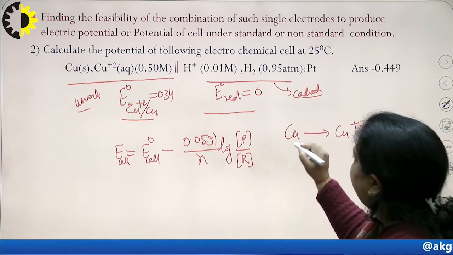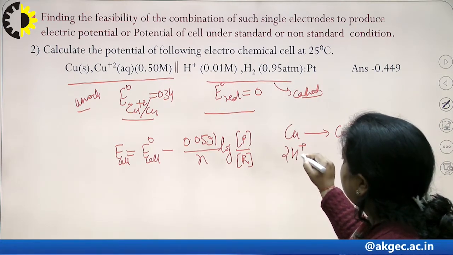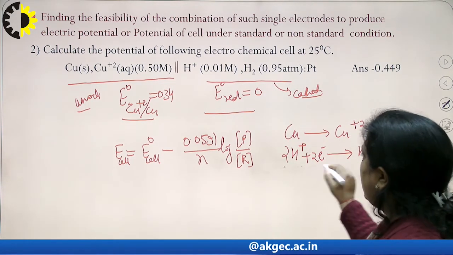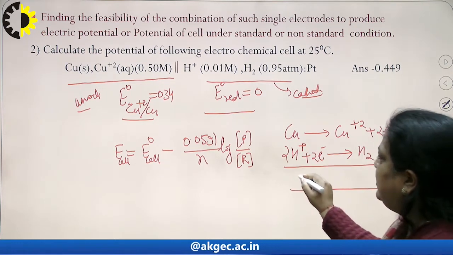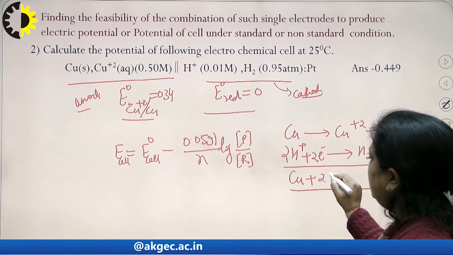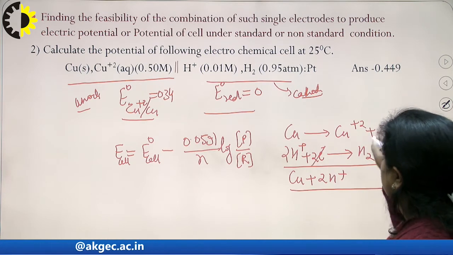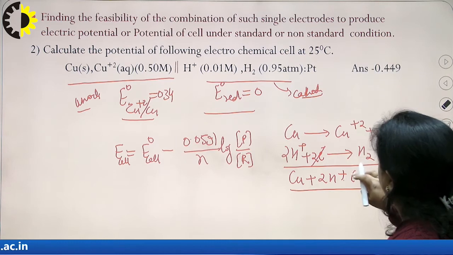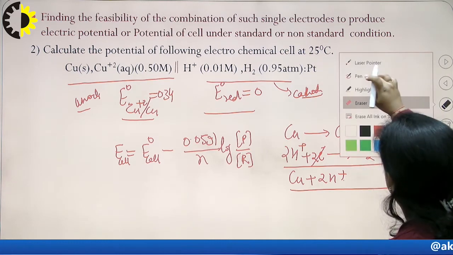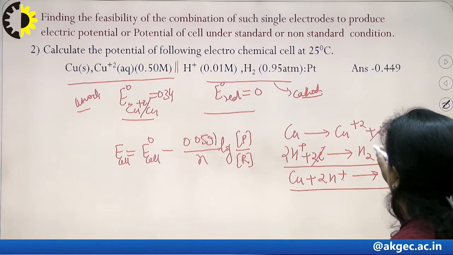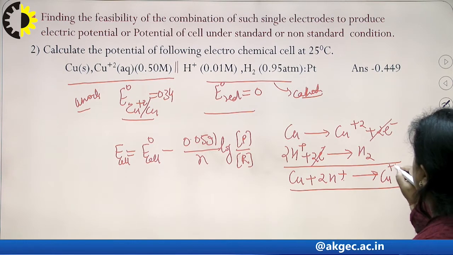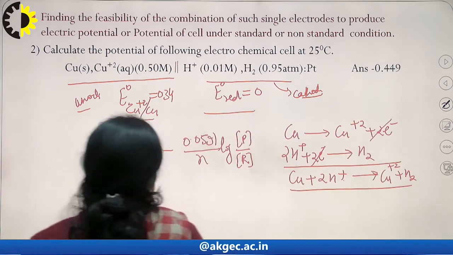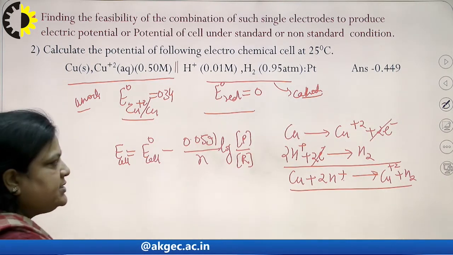Now, the second reaction, with the hydrogen electrode, is 2H plus 2 electron, because reduction, which gives H2. The reaction for product and reactant will be Cu plus 2H plus, which gives Cu plus 2 plus H2.